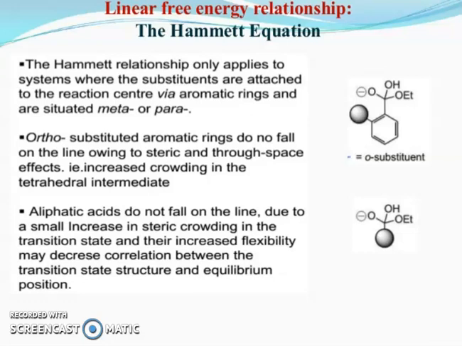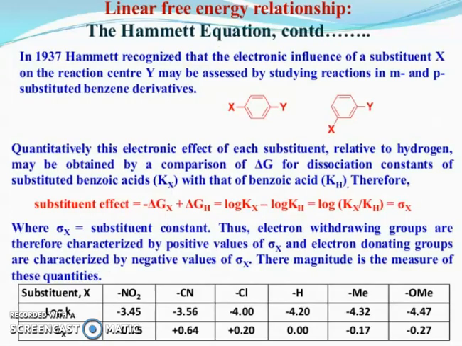Ortho-substituted aromatic rings do not fall on the line owing to steric and through-space effects, that is, increased crowding in the tetrahedral intermediate. Aliphatic acids do not fall on the line due to a small increase in steric crowding in the transition state, and their increased flexibility may decrease correlations between the transition state structure and equilibrium positions.